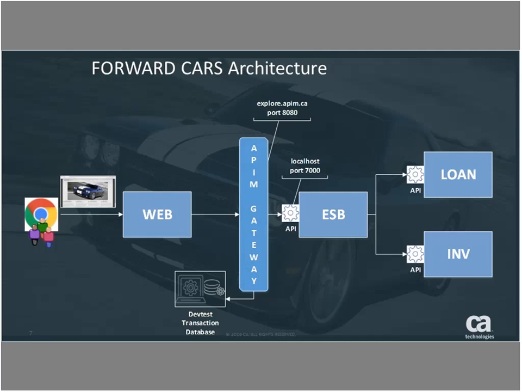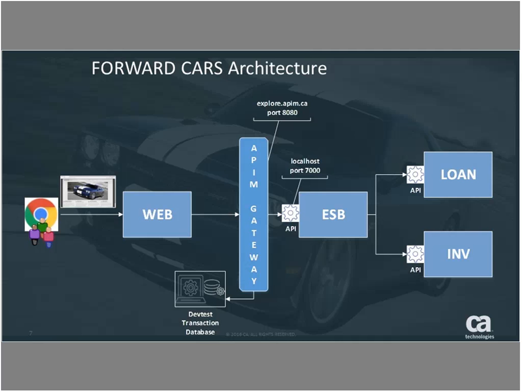I'll use Chrome and navigate to the Cars application. I'll also have the DevTest Portal running in the same browser. The application could be on a separate machine, and you could access the DevTest Portal from any machine. I'm just going to use one machine for this example, to make it a little easier.